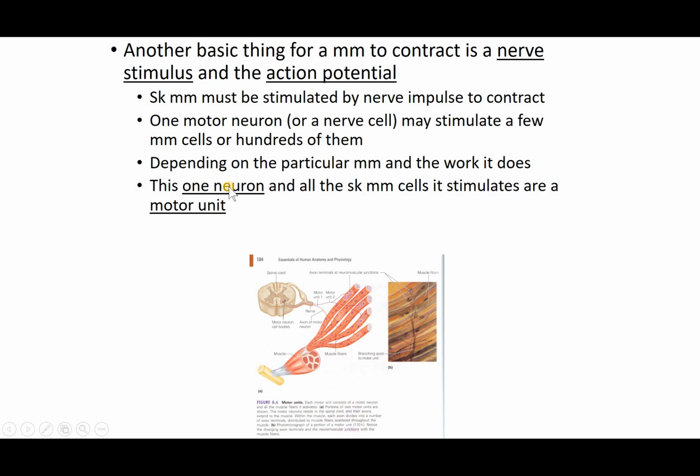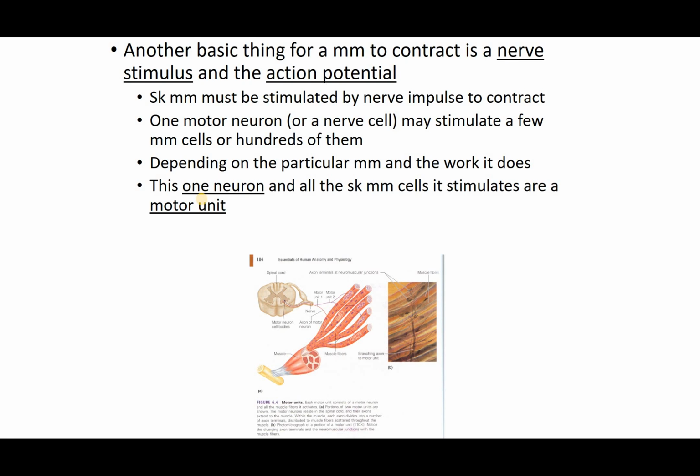One neuron and all the skeletal muscle that it stimulates is called a motor unit. So these motor units are going to be recruited depending on the need at the time. How light or how heavy the movement is, or how delicate the details, like calligraphy, art, painting versus football.